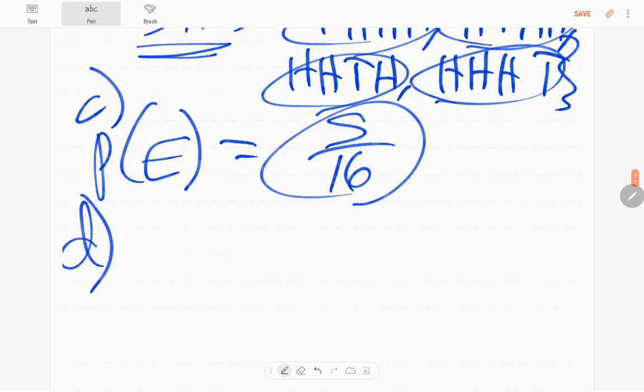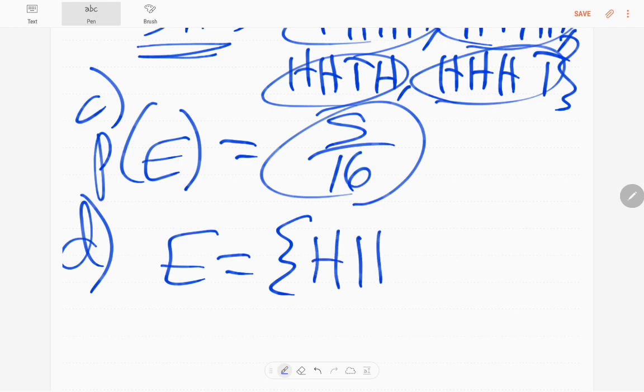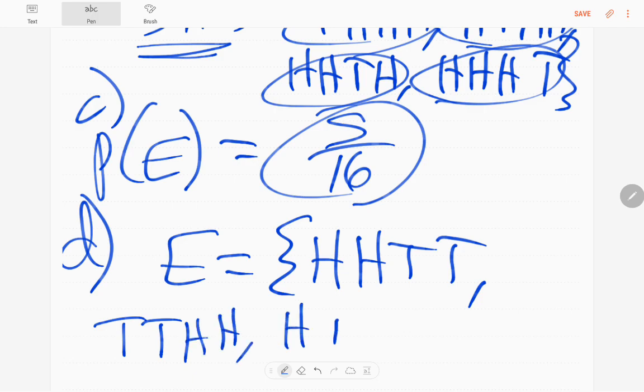What is the probability there are an equal number of heads and tails? So first of all, let's write down the event that corresponds to that phrase, an equal number of heads and tails. So we have 4 letters. If we have an equal number of each, that means we have 2 heads and 2 tails. So let me try to list that event. That's one possibility. There's another. There's another.